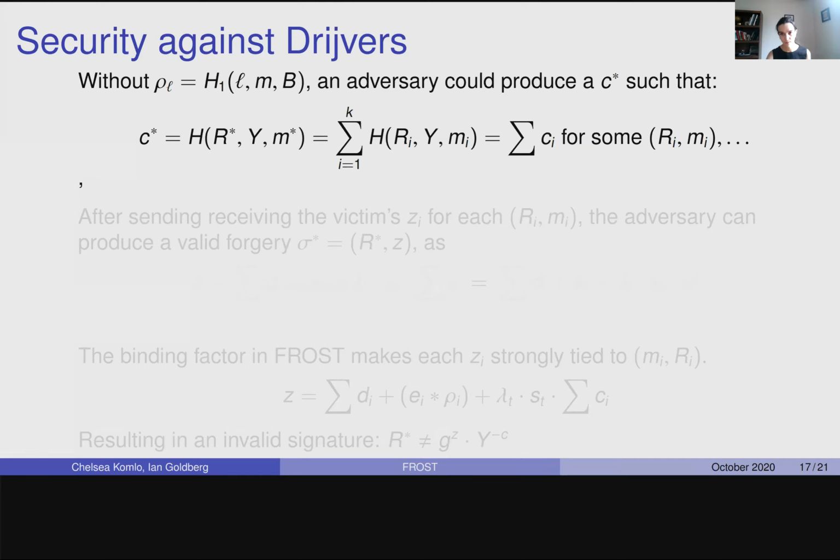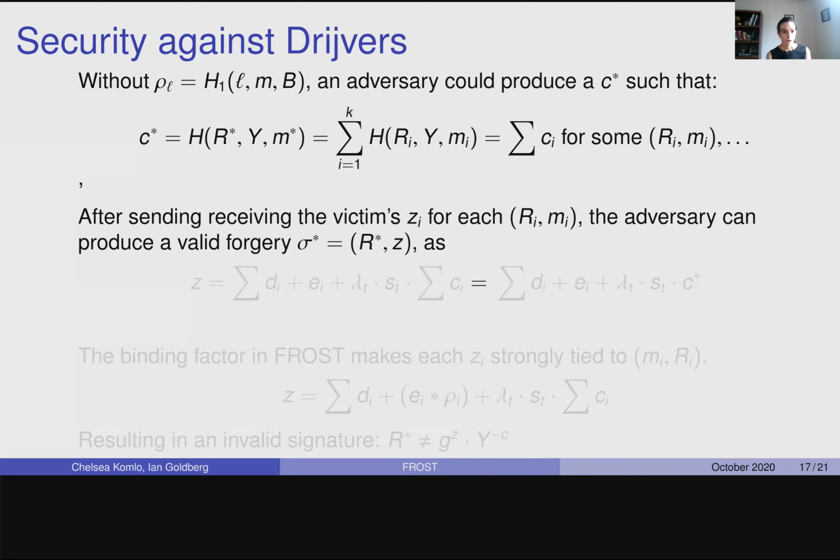So we know that this is possible. And then an adversary would pick some set of R_i, M_i so that this challenge value c star is found. Then they would send all of the terms necessary for the victim to sign.